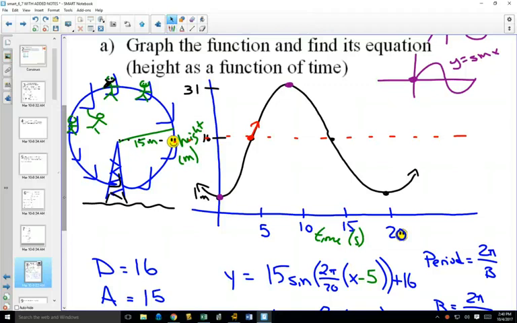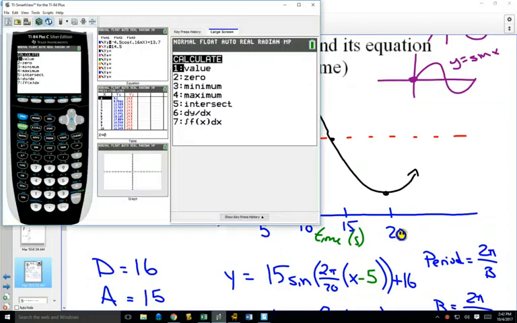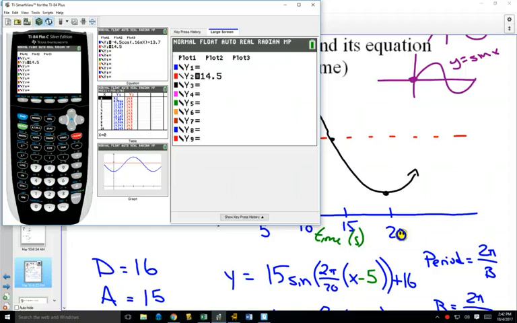So now that we have this information, I'd like you to take out your graphing calculator and get that picture on there. Now, it doesn't matter which equation you choose, so I'm going to go to y equals here. I'm going to clear out what I had before.